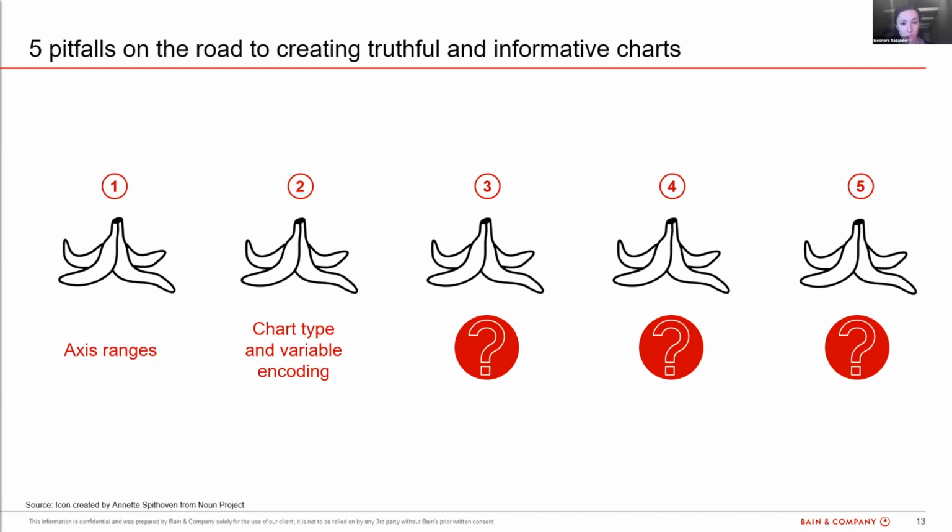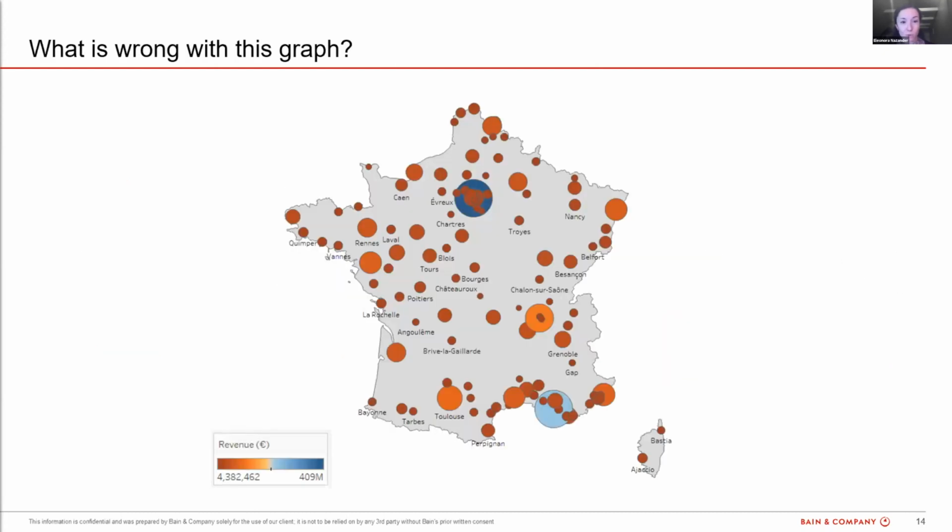Okay, let's move on. What's wrong with this graph? And probably once again, you will say many things, and you will be right. I would encourage you to look at the legend. So we are showing here a chain of restaurants in France, and we are encoding revenue as size and as color of the dots.